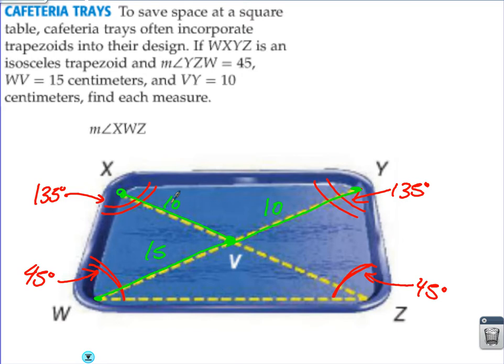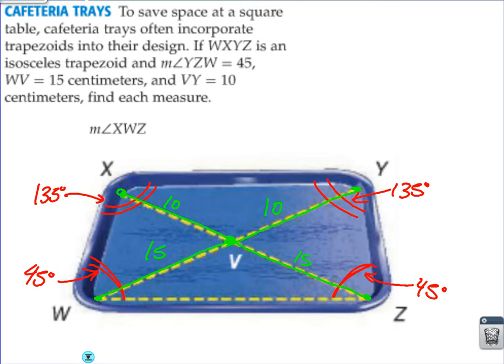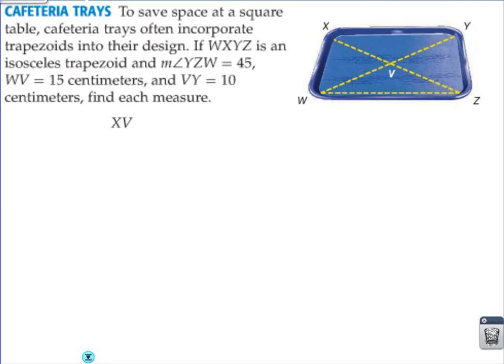The diagonals are going to be congruent. The diagonals are going to be proportional here, so that's also going to be 15. So the measure of what we were asked to find here, the measure of XWZ, yeah, that was pretty easy. It's 45. But I wanted to find it all because the next problem is going to ask you for other stuff. WXY. See, it's going to ask you for everything else as well.